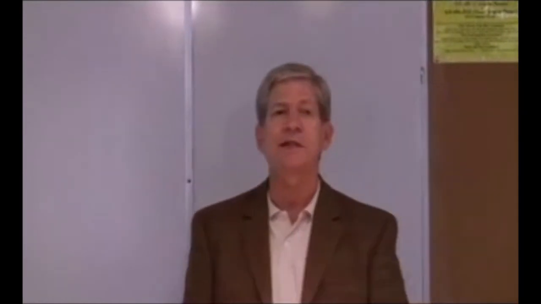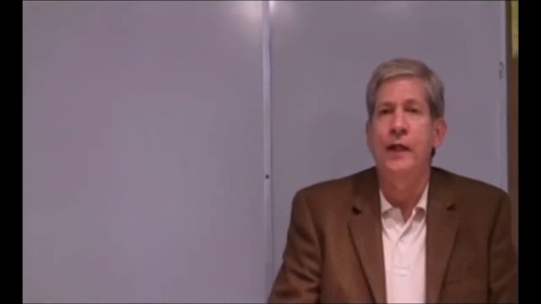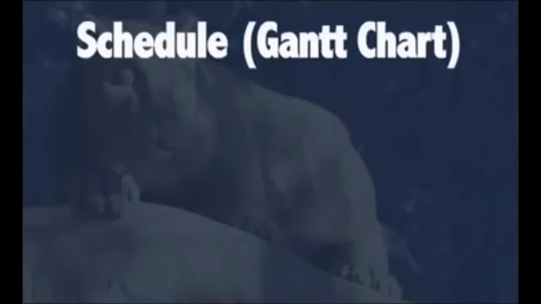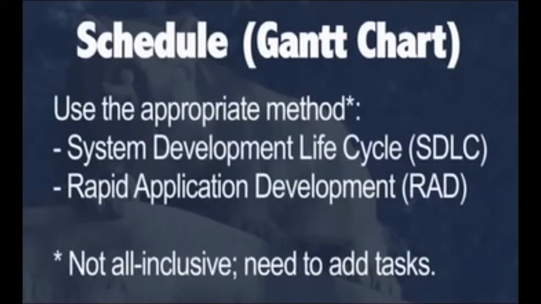The last one is the schedule. In the past, I had students create their own Gantt chart. But for this one, I have 2 Gantt charts in files that you can email me for, and I'll send you one. One is the traditional system development lifecycle. The other is for rapid application development. Both of these Gantt charts are not all inclusive.